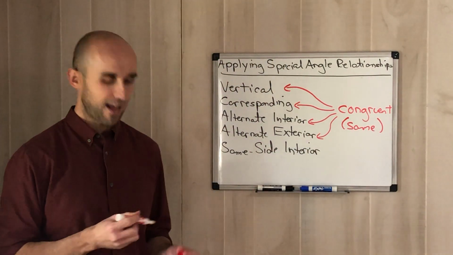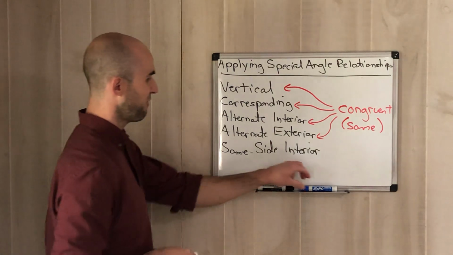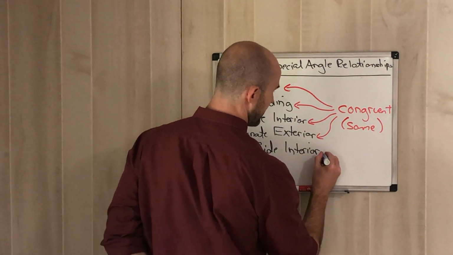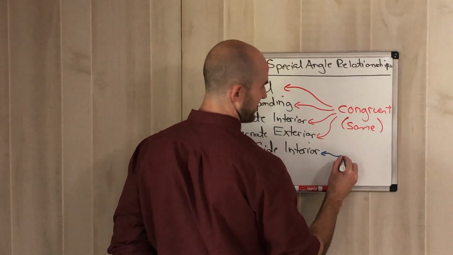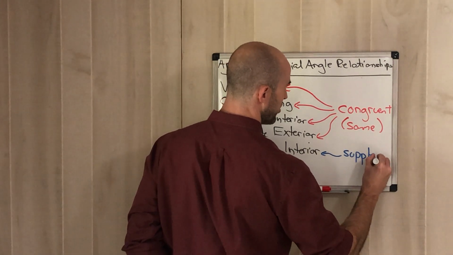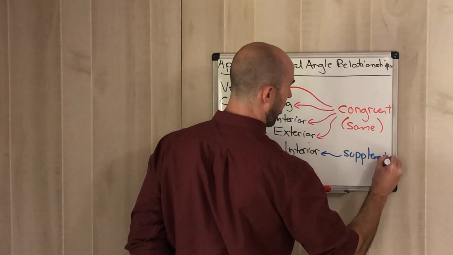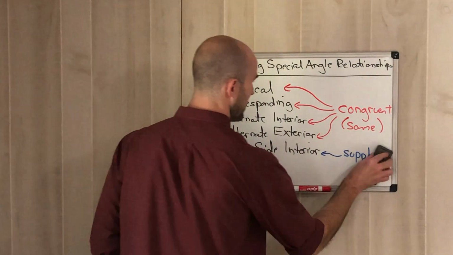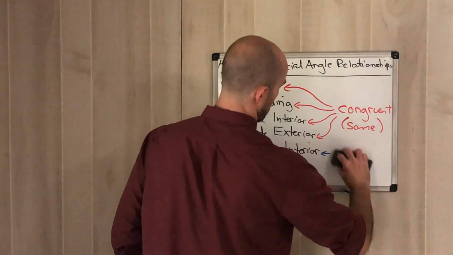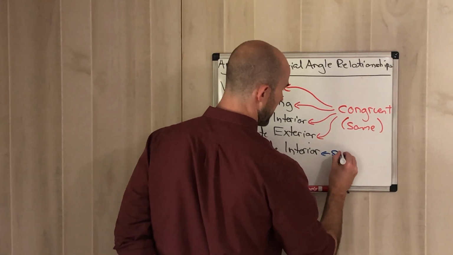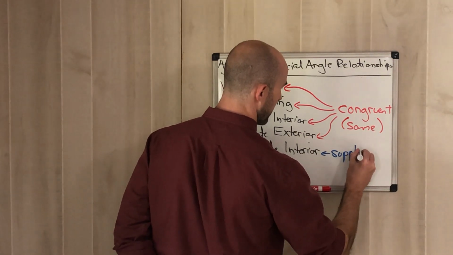The only one that's different, and that's the only one that I left out, is same side interior. And again, it's a new word, it's not hard. Here, let me write it smaller just so you guys can see it better. When it comes to same side interior, it's something called supplementary.